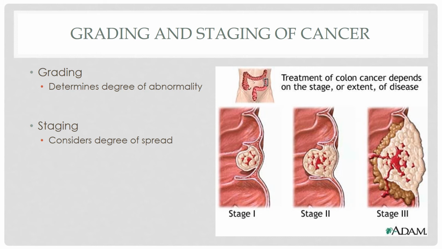TNM system can be used for staging. In that system, tumors are staged according to the size and extent of the primary tumor, number of lymph nodes involved, and metastases present in other remote sites.